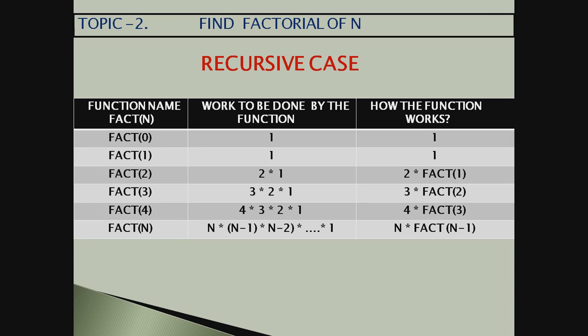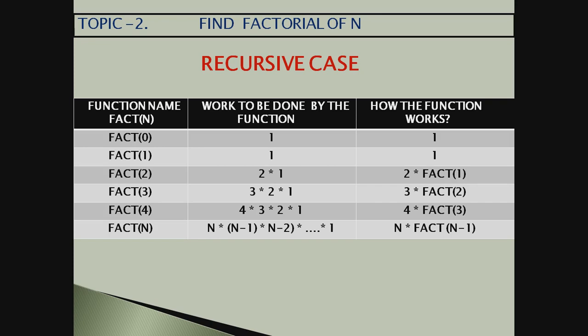Let us now go to the case which is actually asked by the question. The question has asked about fact 10. Now how is fact 10 to be interpreted by the human brain? Fact 10 is to be interpreted by the human brain as n into n minus 1 into n minus 2 into n minus 3, in this way. In the human brain, this is how it works.